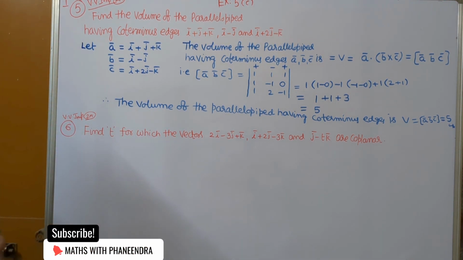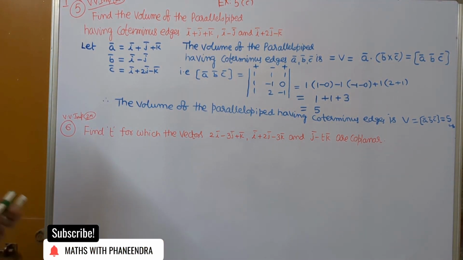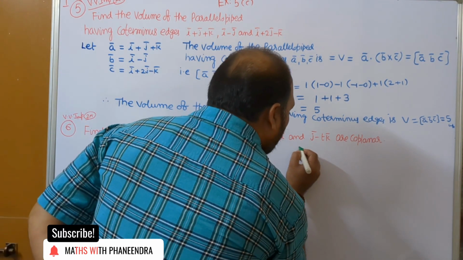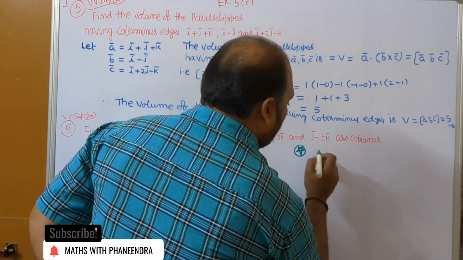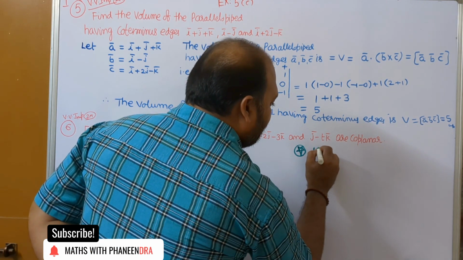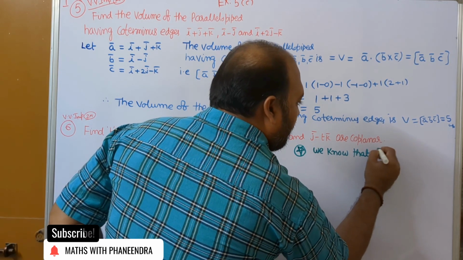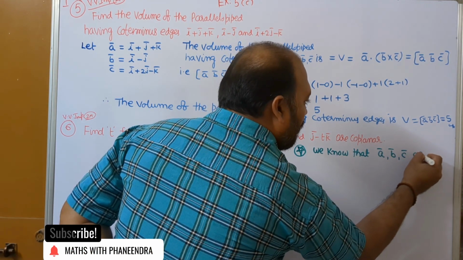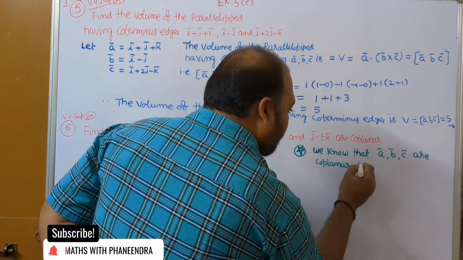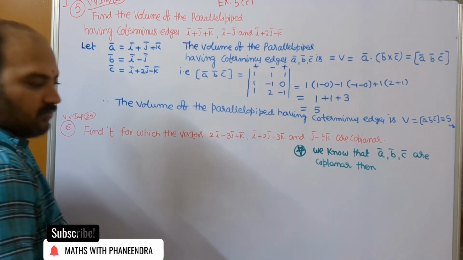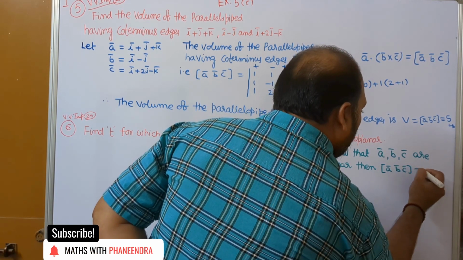In this, find t for which the vectors are coplanar. Here we have the formula. Here I am writing. We know that if a bar, b bar, c bar are coplanar, then box of a bar, b bar, c bar value is going to be 0.